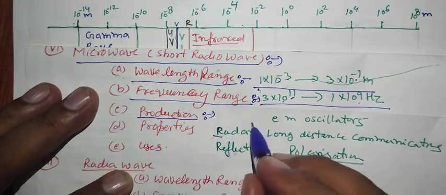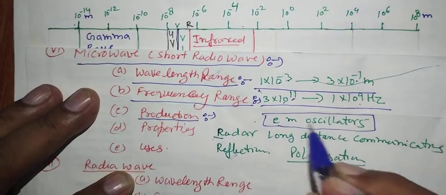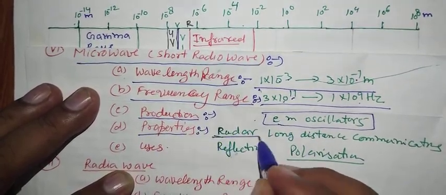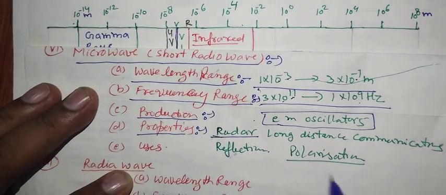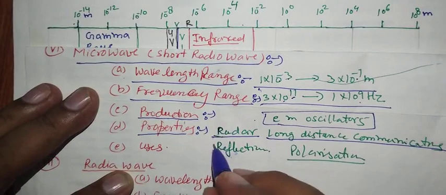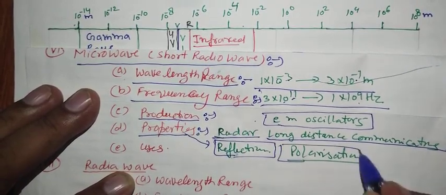Microwave is produced by electromagnetic oscillators in the laboratory. Properties: radio detection and ranging, radar, long distance communication; its properties are reflection and polarization.